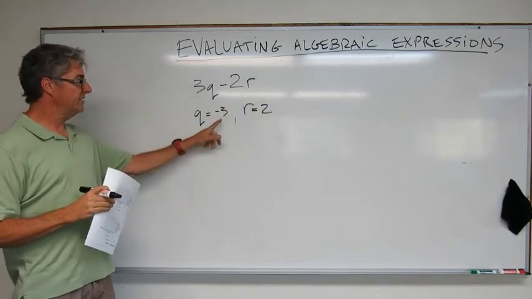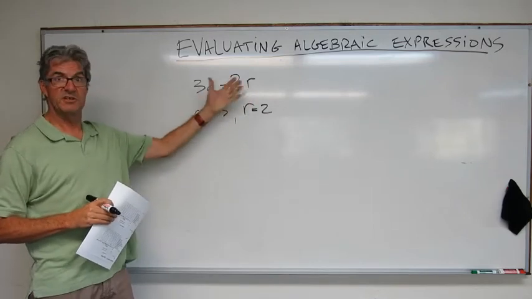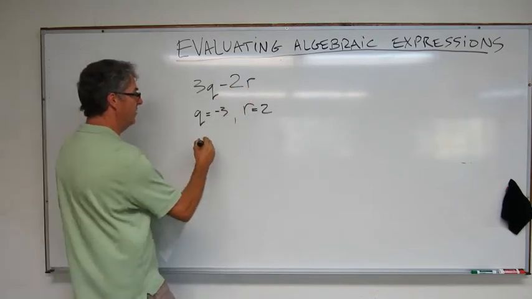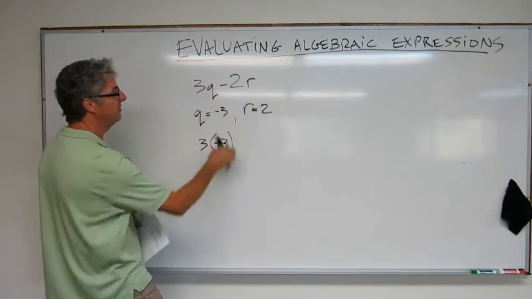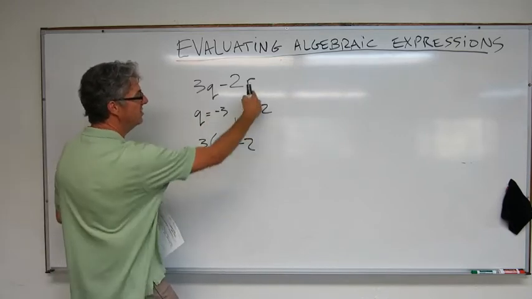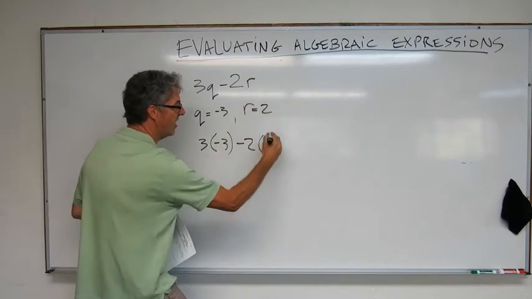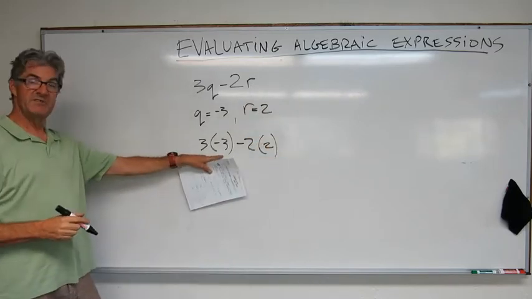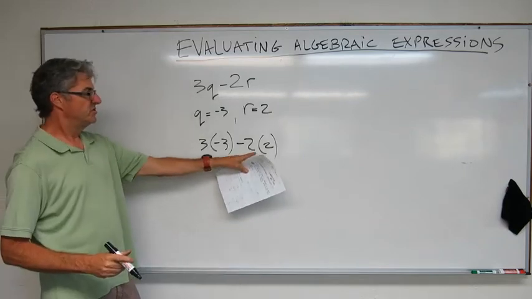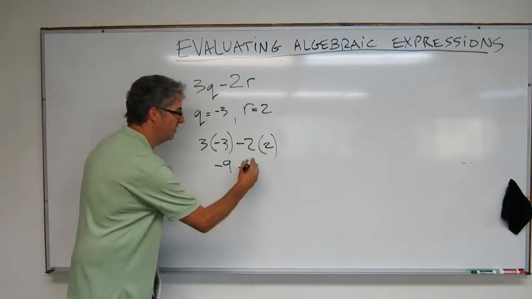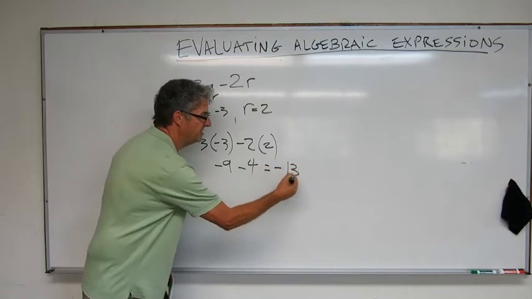So now we're just going to take these numbers, plug them into this expression, and do the calculation. So 3 times negative 3 for the q, minus 2 times 2 for the r. So what's 3 times negative 3? Negative 9, minus 2 times 2 is minus 4, which gives us negative 13.